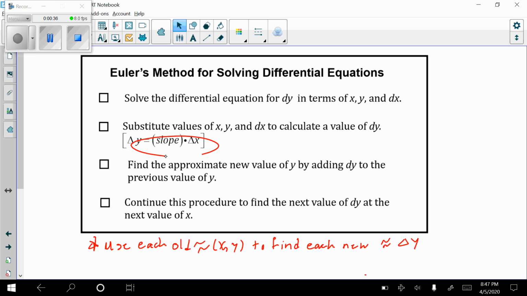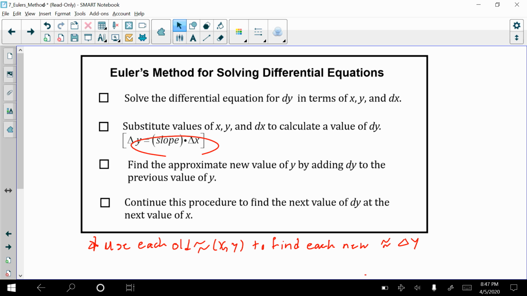Our new y values have to be found by taking delta y. We need to know what that is, so we take the slope and multiply it by delta x, whatever that happens to be for the problem. Then you add the previous y value to it to find the new y value of your function.